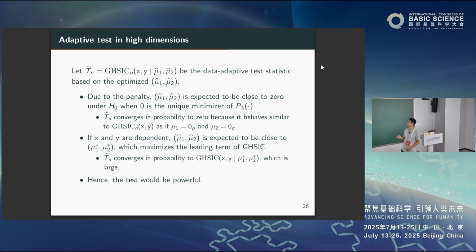So the final test statistic will converge to 0 in probability under the null and converge to a large number under the alternative hypothesis. Consequently, this kind of test would be powerful in practice.